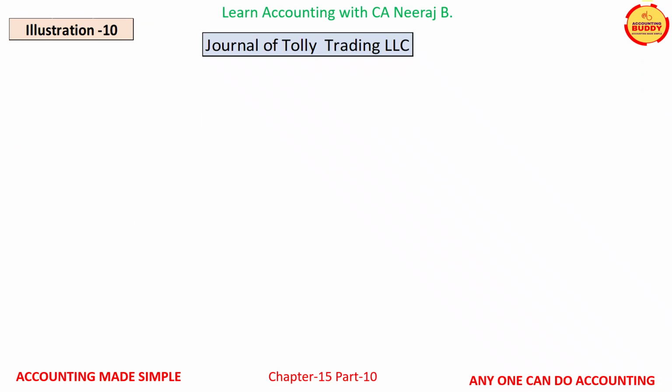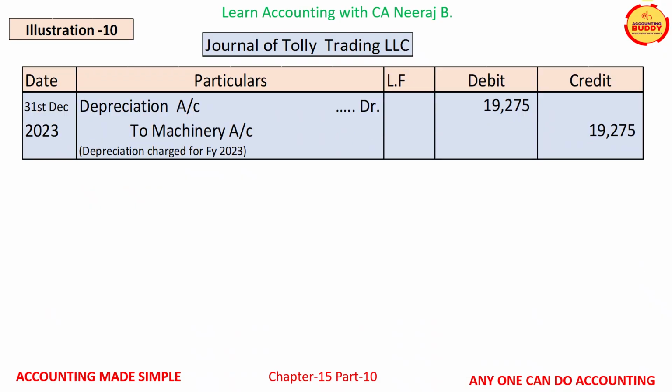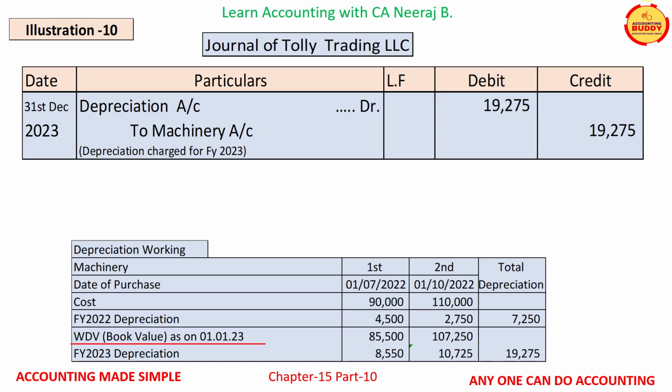Let us now understand how the entry of depreciation for the financial year 2023 will be calculated. WDV as on 1st January 2023 for the machinery 1 is $85,500, and when 10% is applied on the WDV value of $85,500, we will get $8,550 as depreciation to be charged for machinery 1 for the financial year 2023.